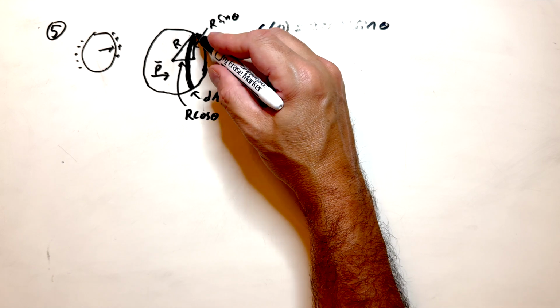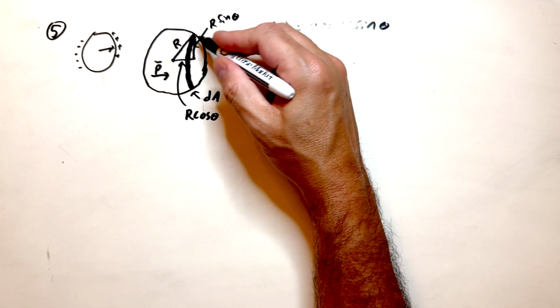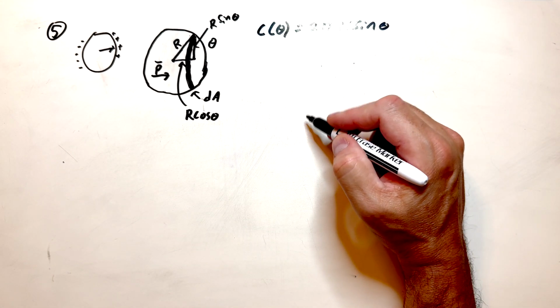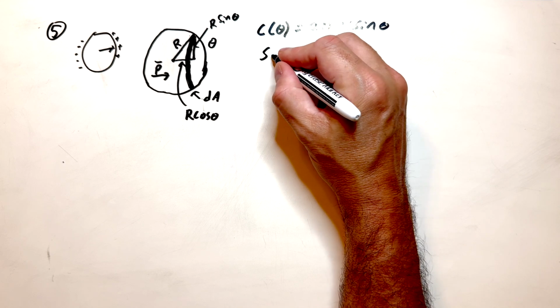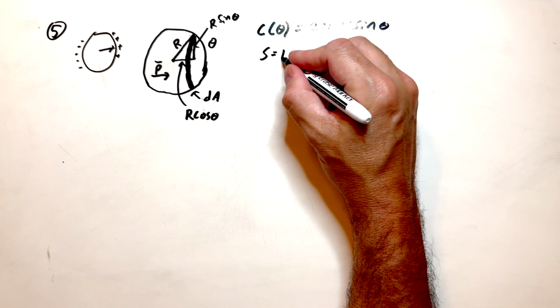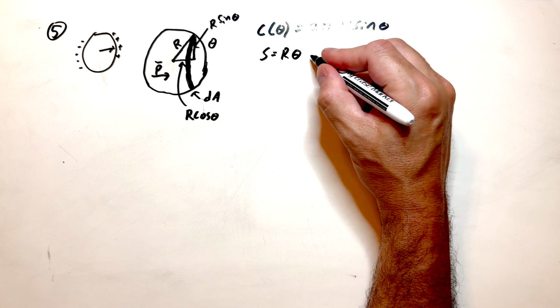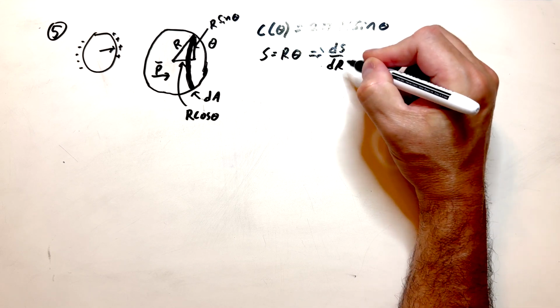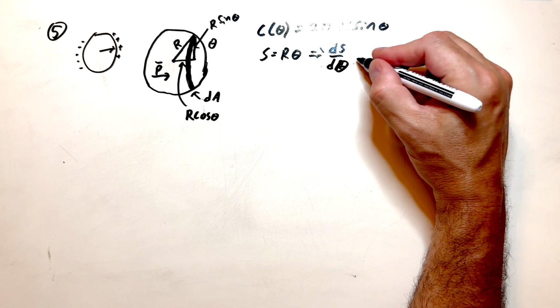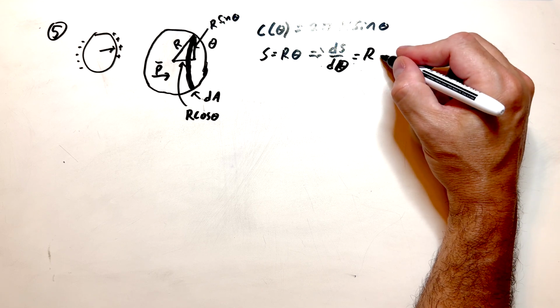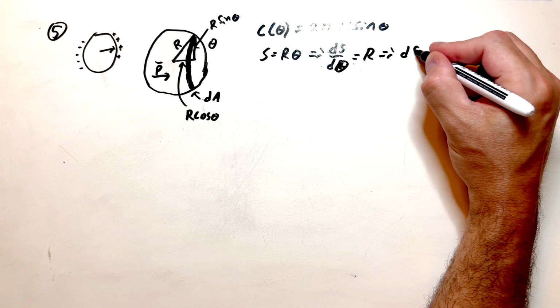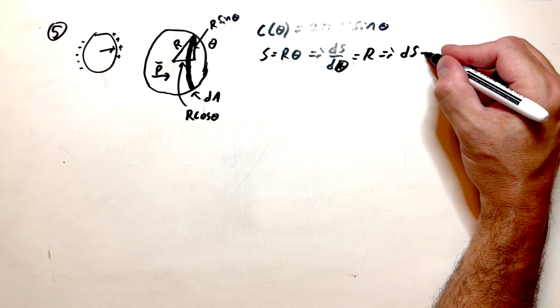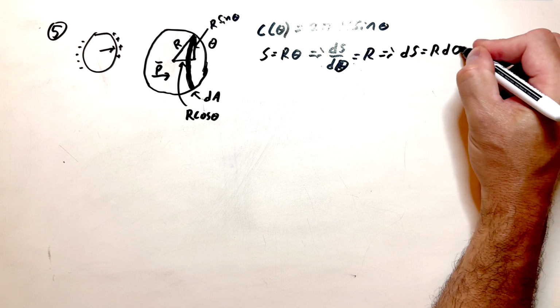So it's like a circle of radius r sine theta, and that's just the formula for the circumference of that. Also remember that the arc length is just r times theta, which implies that ds d theta is equal to r, which means that we can write a little arc length ds is equal to r d theta.